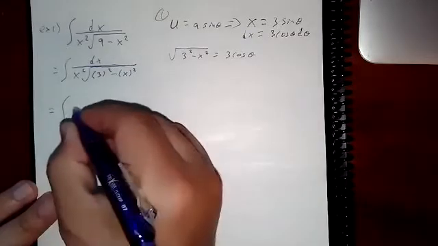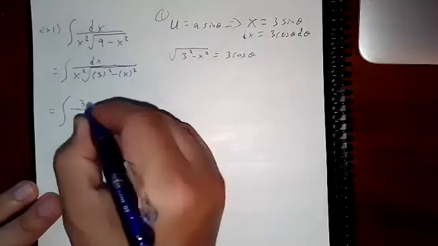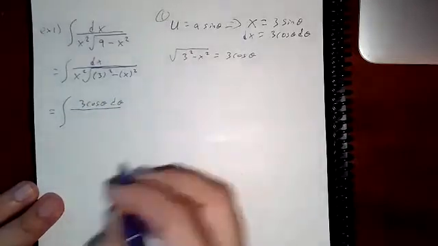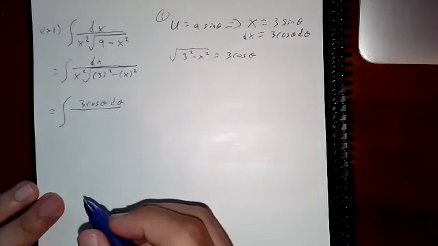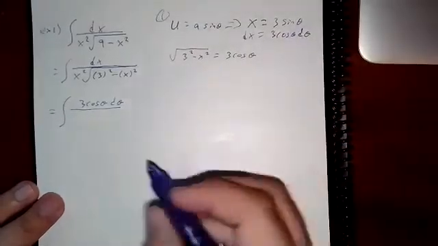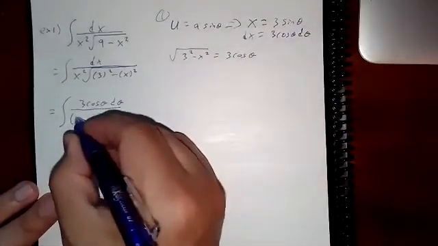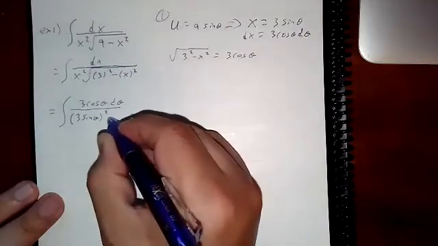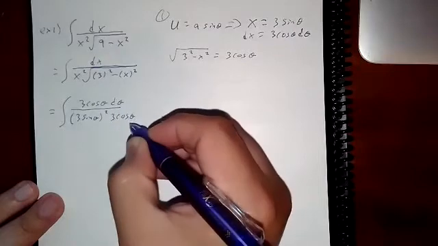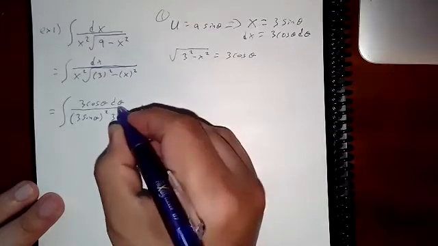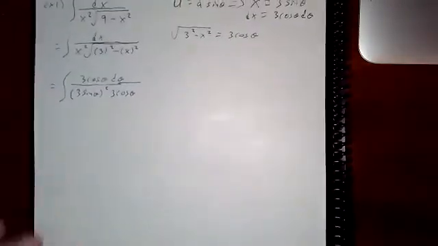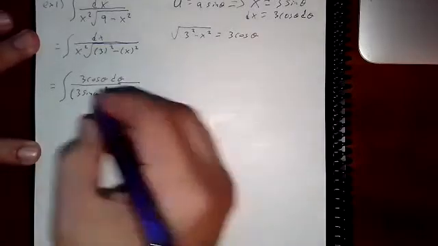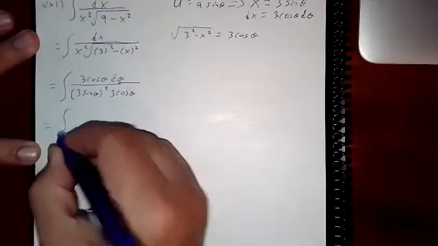So dx will be replaced with 3 cosine theta d theta. x squared, well, I would square this, right? x squared would be 3 sine theta squared times 3 cosine theta. See how that's a lot easier to deal with compared to the original? So these are going to cancel, right?